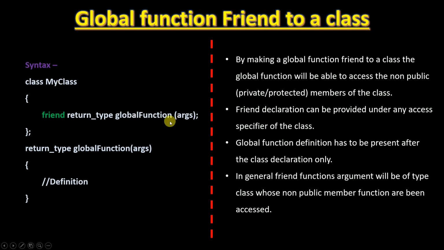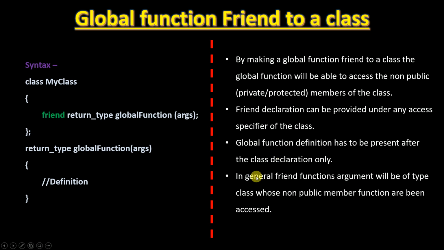Wherever you want, you can give it. Generally people will give it in the public section, but that depends on your company coding standards. The global function definition has to be present after the class declaration only. You should not keep it before the class.